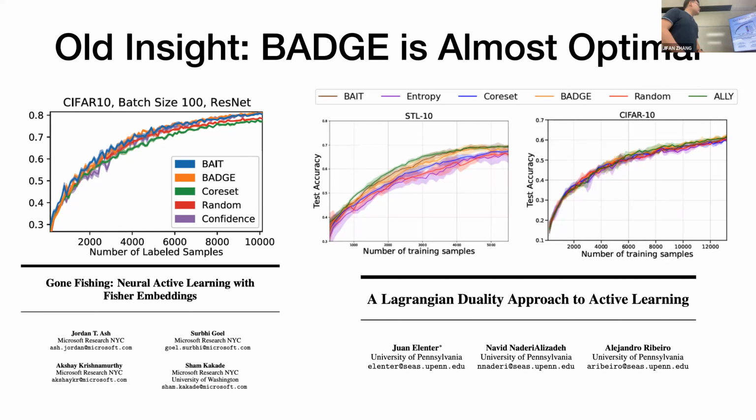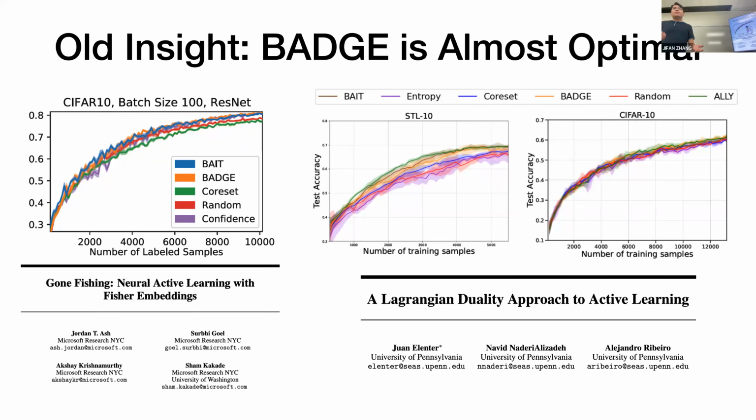Another thing is, if you look at the gain on CIFAR 10, if you say, well, I just want to reach like 75% accuracy, how many fewer labels do I need? If I run active learning, you see roughly 20% label efficiency gain, meaning to get to the same accuracy, you can save like 20% of the labels.